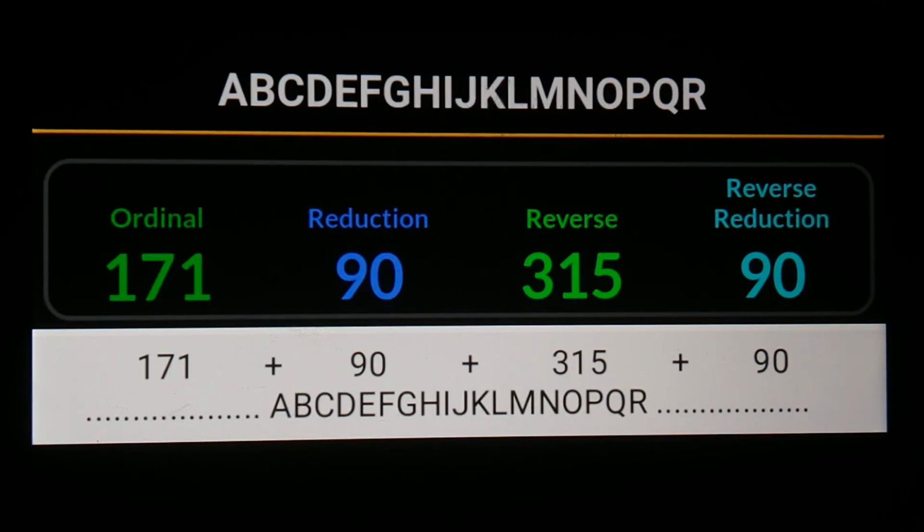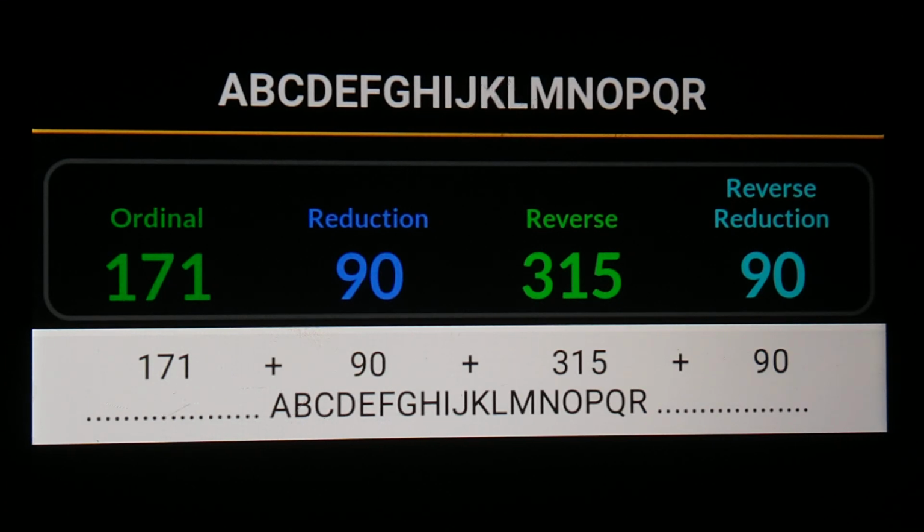The first thing you'll probably see when you click on the calculator section of the website are these 4 ciphers. They're being called the 4 base ciphers. Those ciphers are ordinal, reduction, reverse, and reverse reduction.